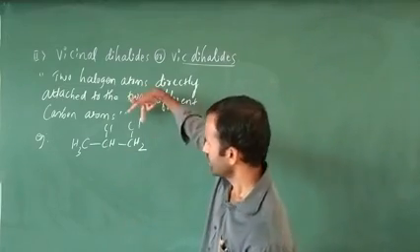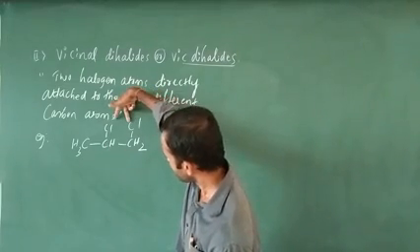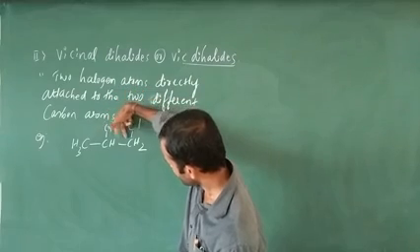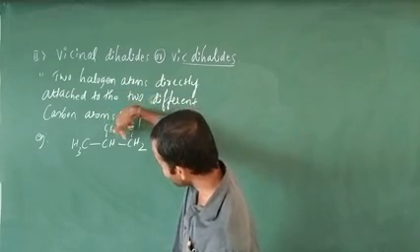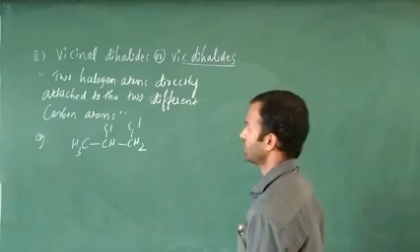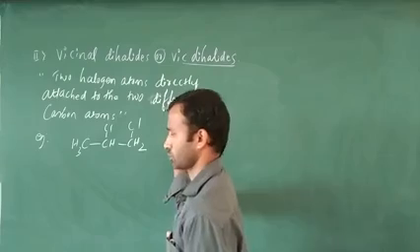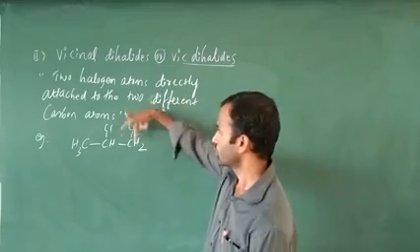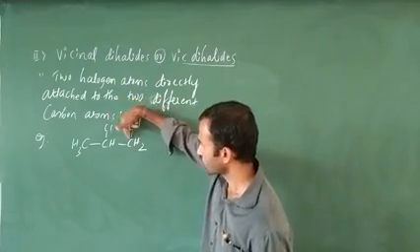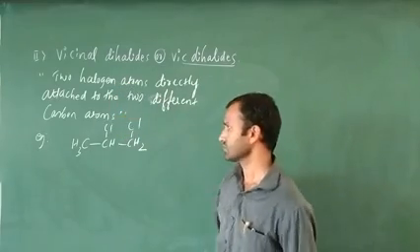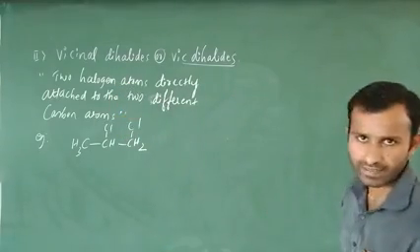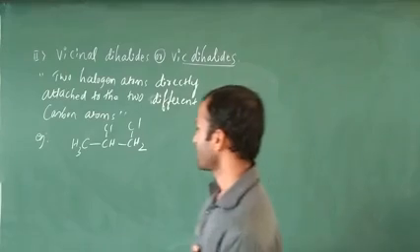These two halogen atoms are directly attached to two different or adjacent carbon atoms. You can write adjacent also, that is no problem. Two halogen atoms directly attached to two adjacent carbon atoms is called vicinal dihalides.